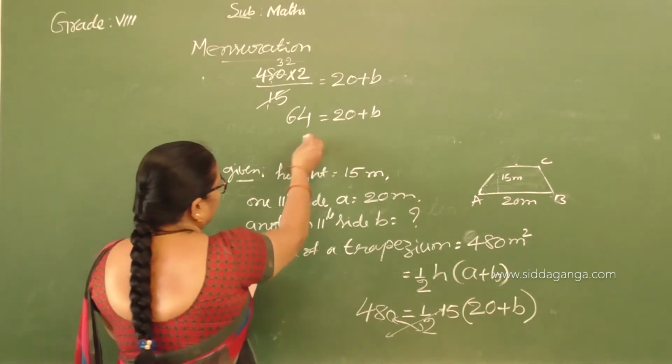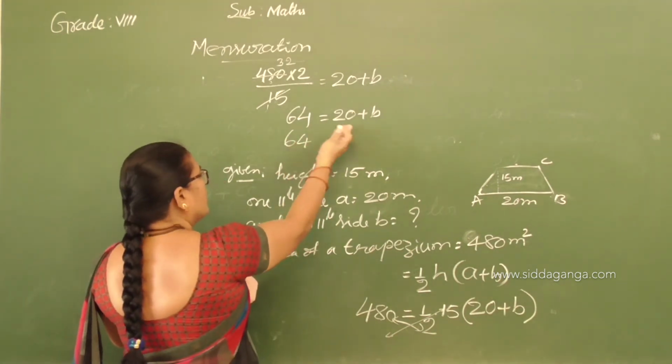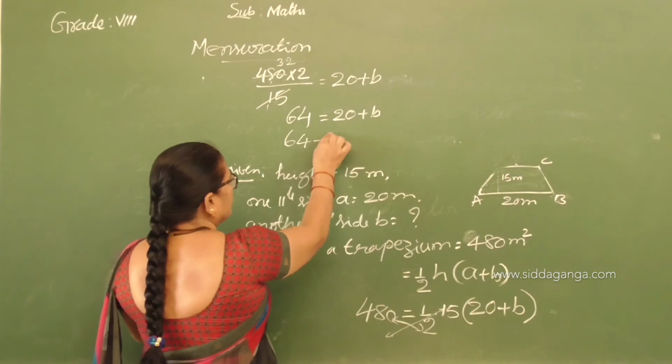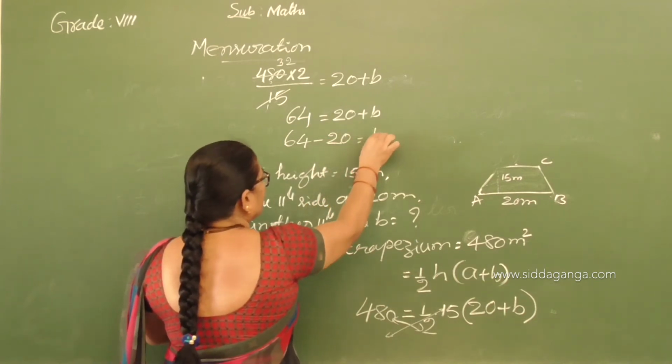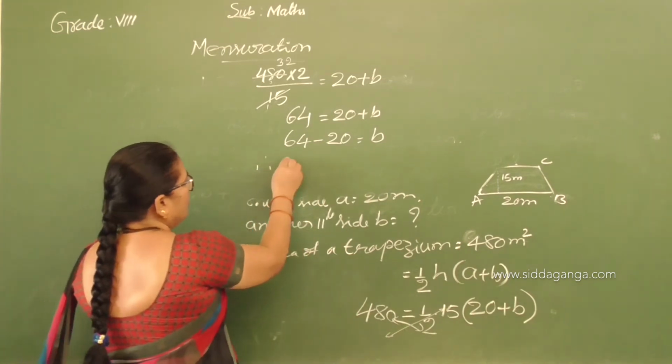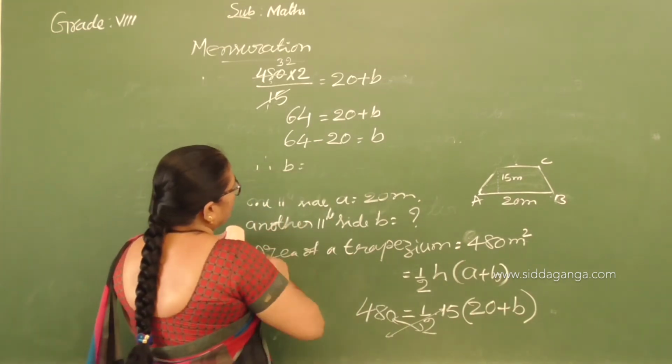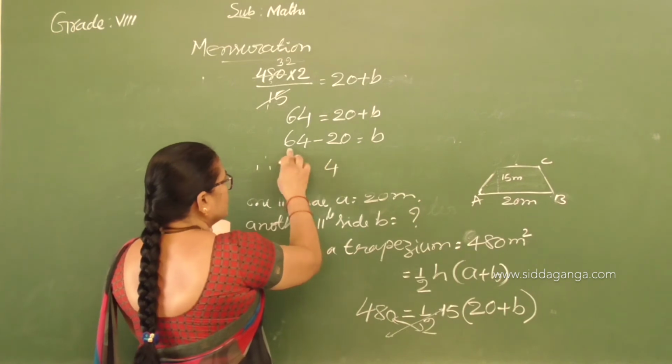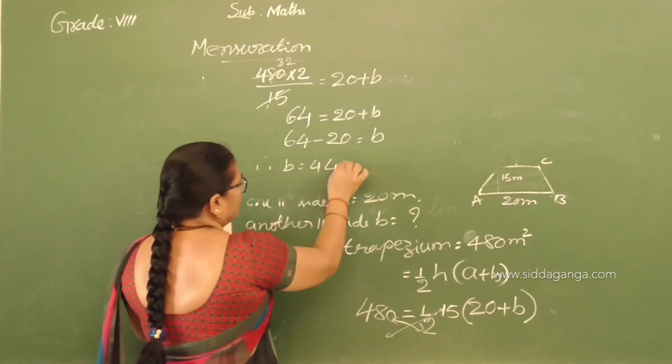Then take 20 to the left-hand side: 64 minus 20 is equal to b. Therefore, b is equal to 64 minus 20, which is 44 meter.